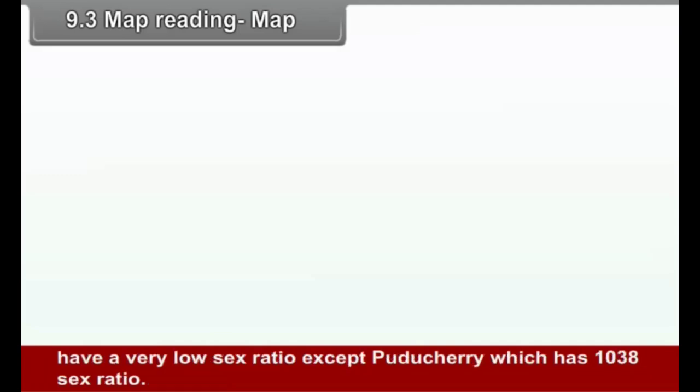Union territories like Chandigarh, Delhi, Dadra and Nagar Haveli, Daman and Diu, etc. have a very low sex ratio except Puducherry, which has 1038 sex ratio.